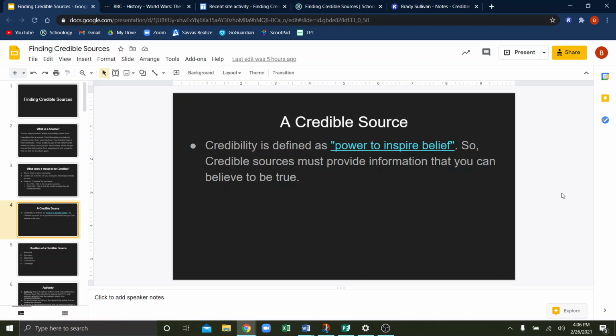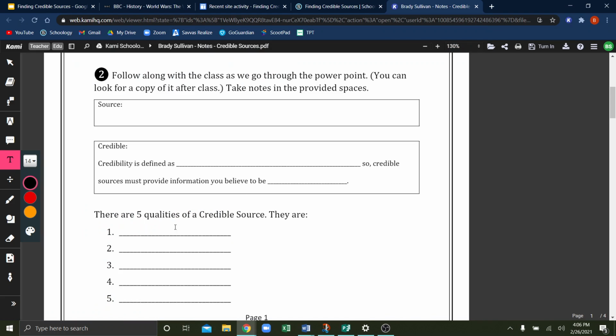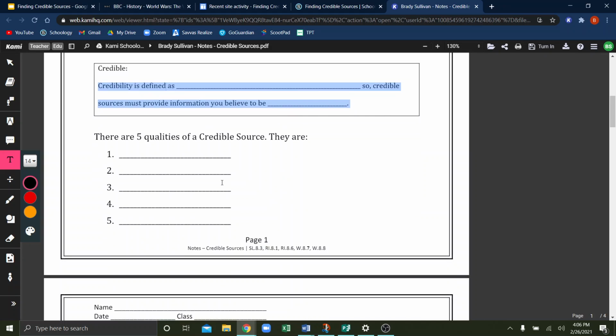A credible source. Credibility is defined as the power to inspire belief. So, credible sources must provide information that you can believe to be true. Copy this on these lines right here.